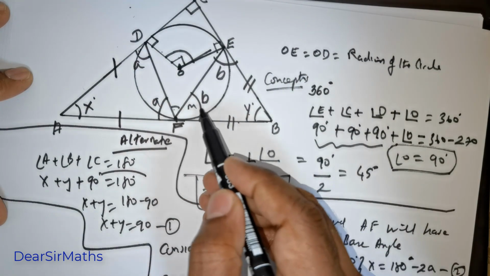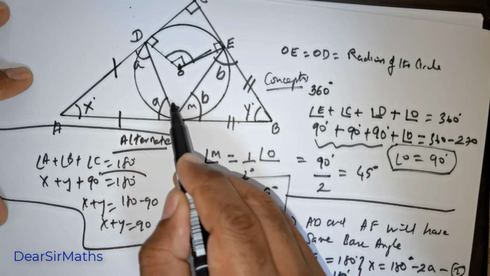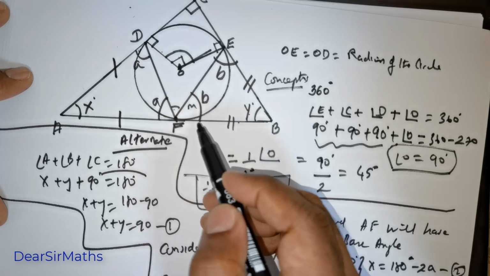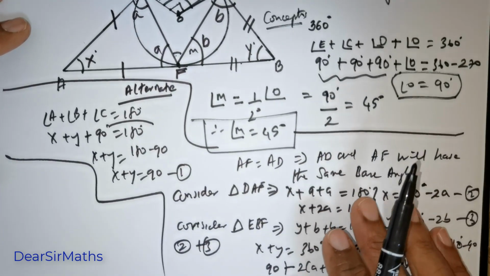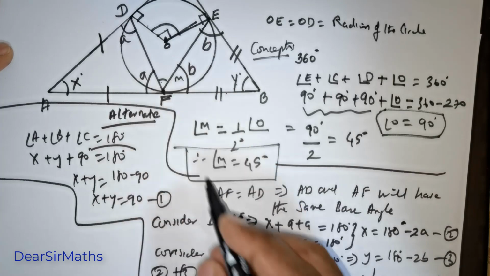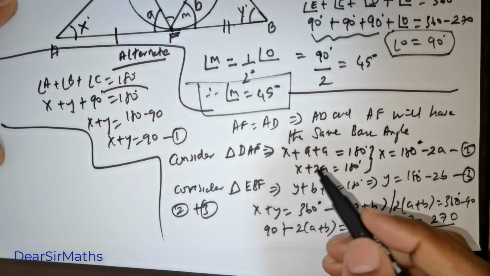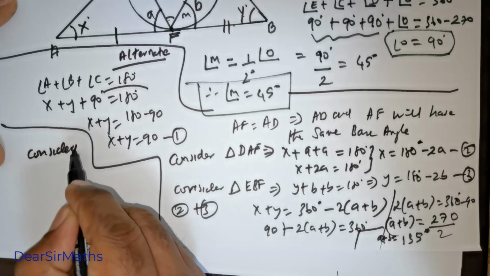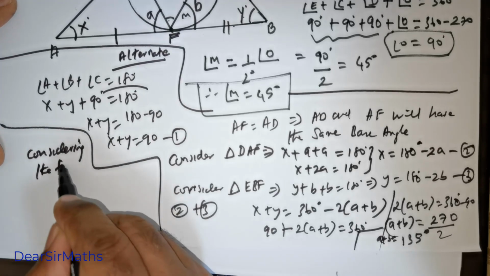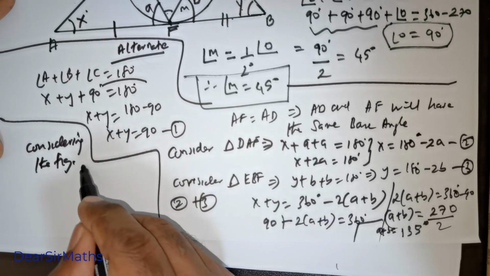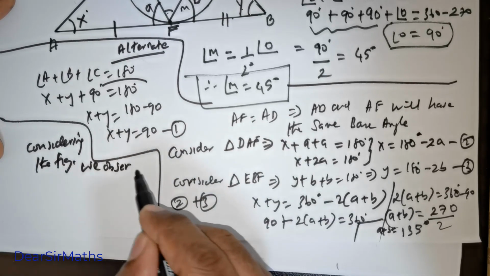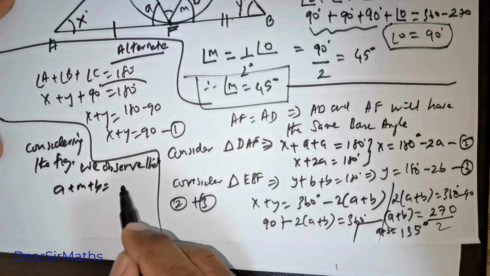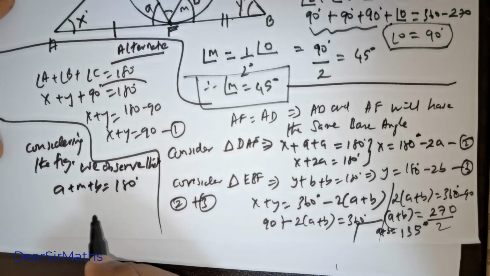Now come back here. This angle is A, this angle is B, and over here you got M. So by using the properties, sum of all these angles should be equal to 180. Right? So considering the figure, we observe that a plus m plus b should be equal to 180.